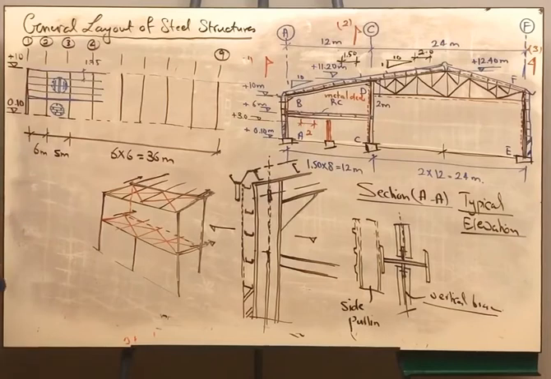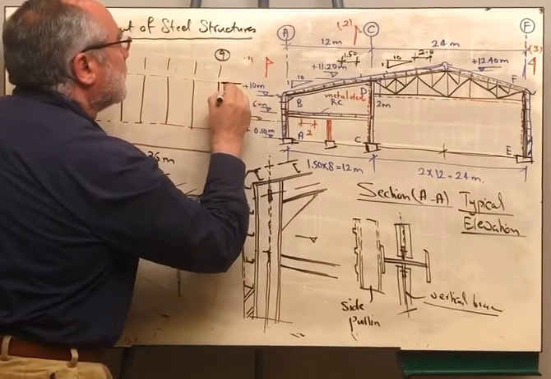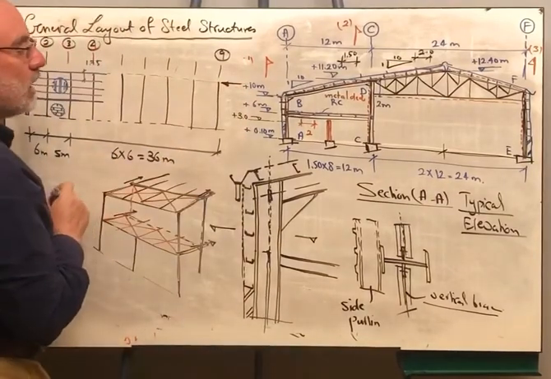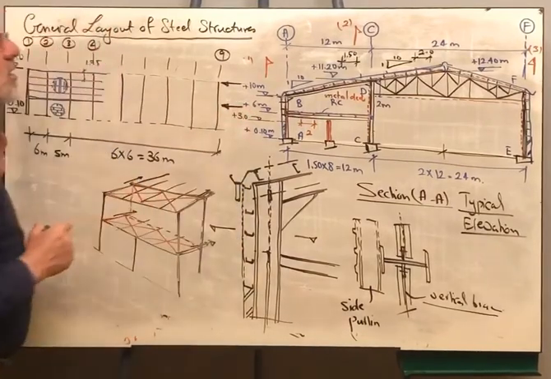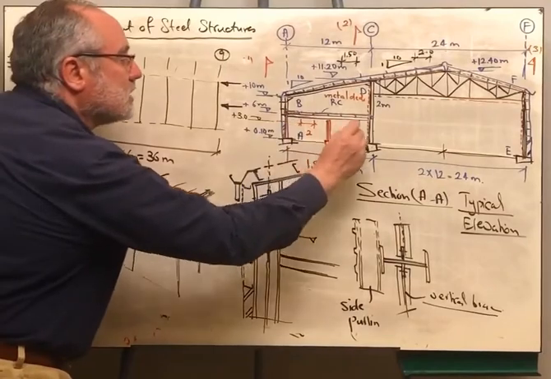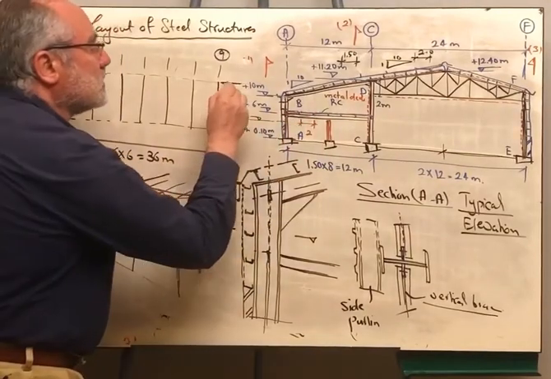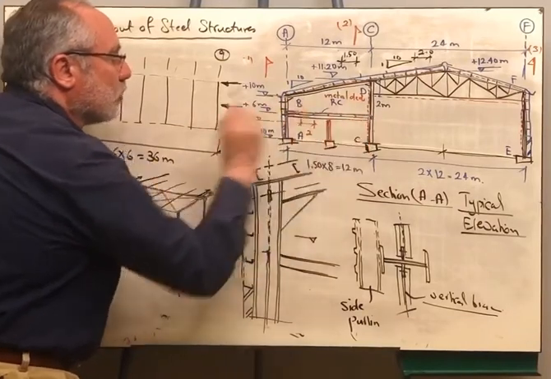Therefore, on the other side, let us draw at this level a force associated with the upper bracing, and at this level a force that is associated with the horizontal bracing found in the mezzanine. This reaction is obtained from this bracing, and this reaction is obtained from this bracing.